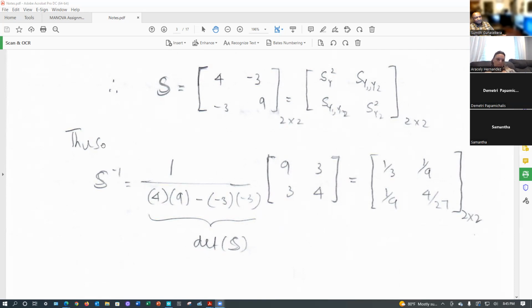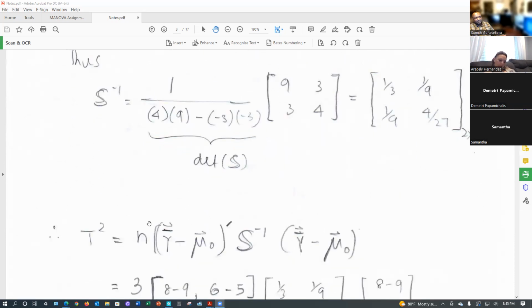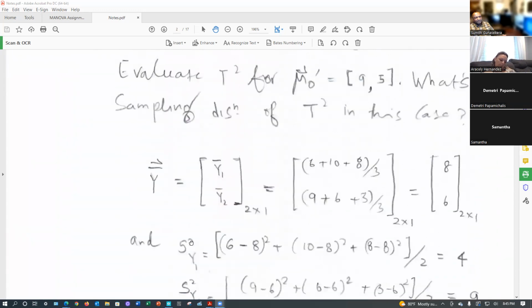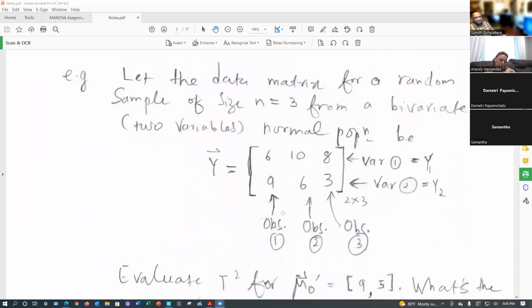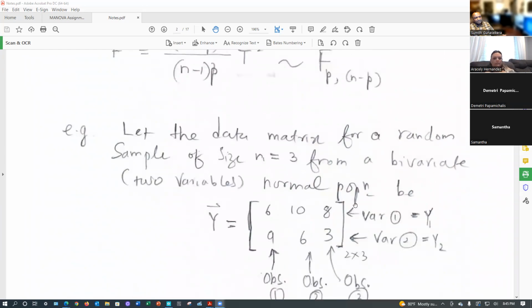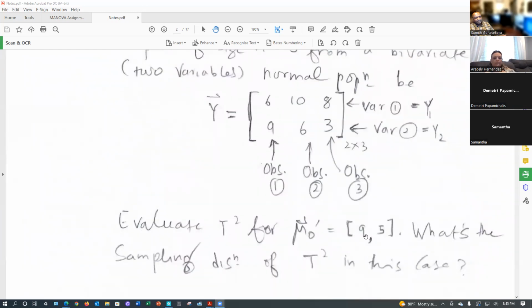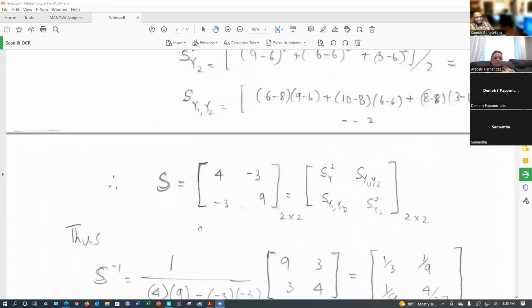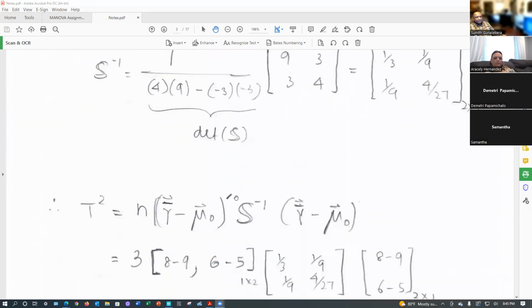We really need the inverse. Remember, we're going to plug it in here. When you get y bar minus mu naught, mu naught has been given: 9 and 5. You subtract, and at the same time you get the transpose.